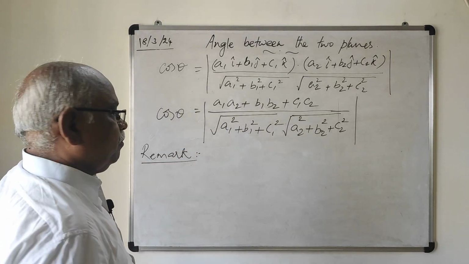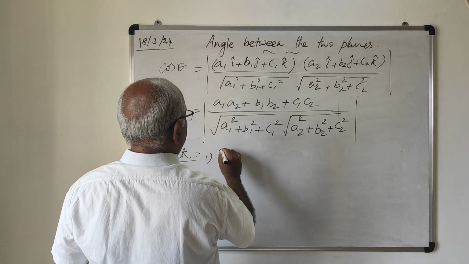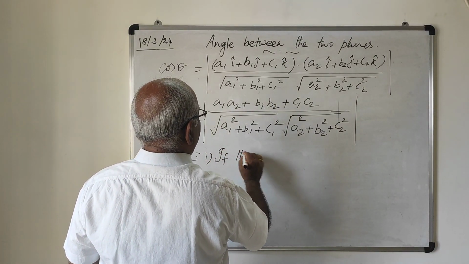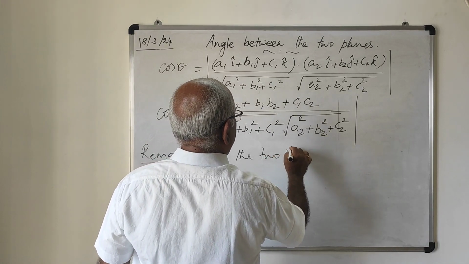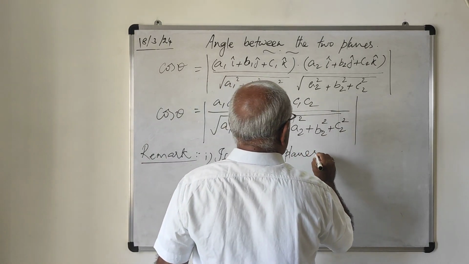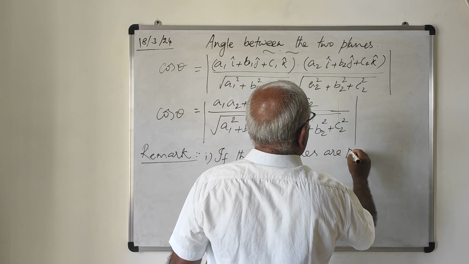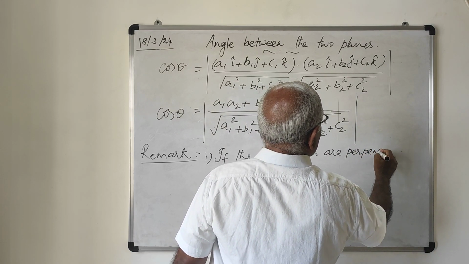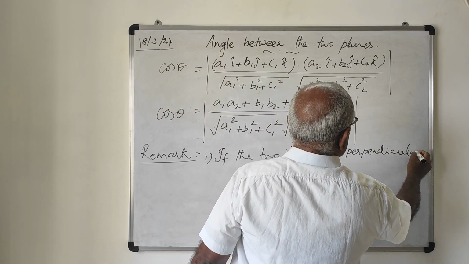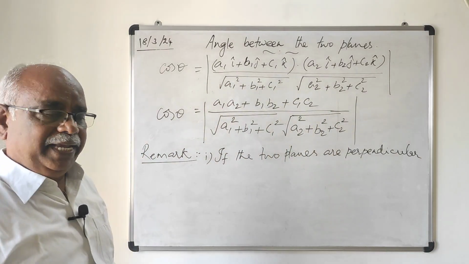If the two planes are perpendicular, that means the angle between the two planes is 90 degrees.